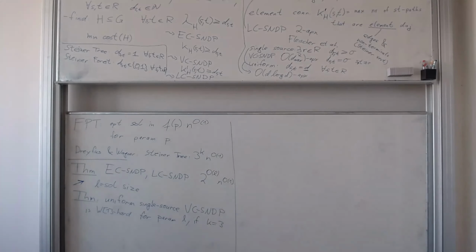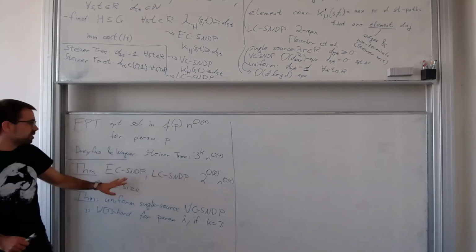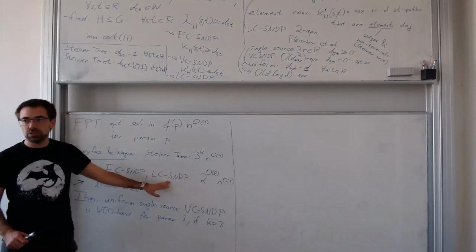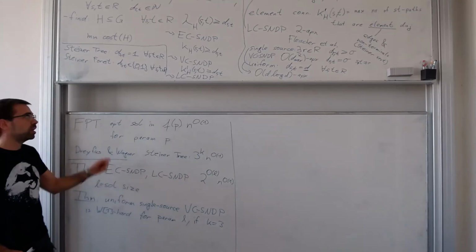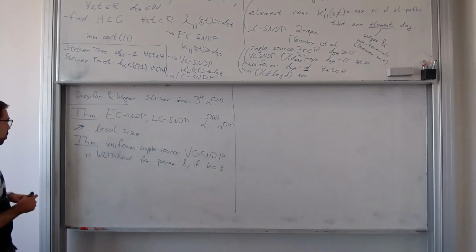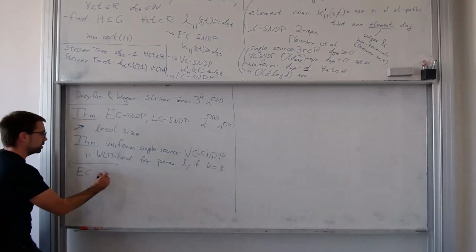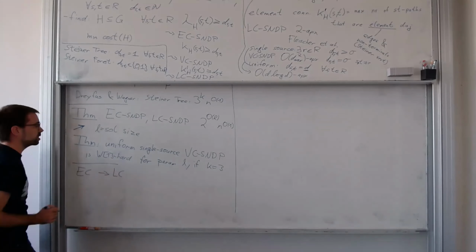First thing I should say is that what we actually show is that the more general problem is FPT, and it's easy to reduce the edge connectivity version to the element connectivity version. There's a simple reduction from edge connectivity to element connectivity.